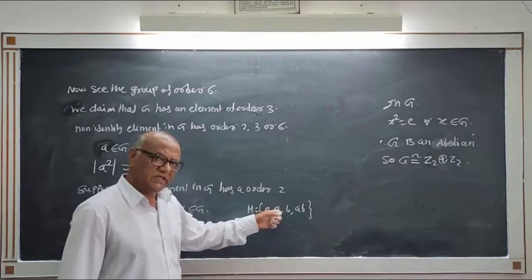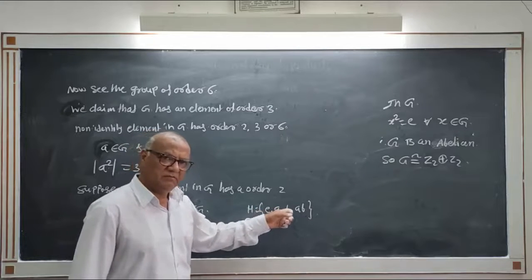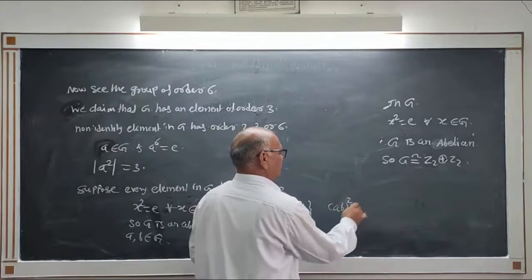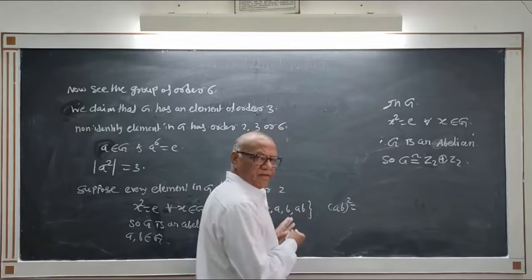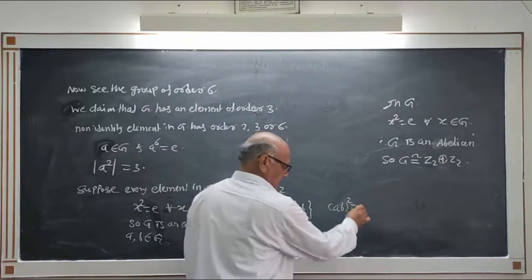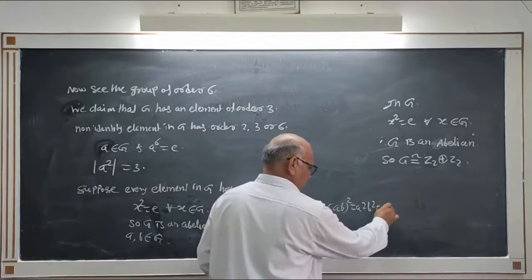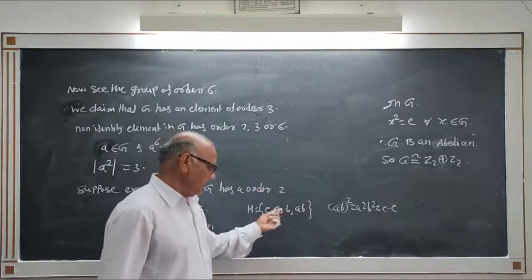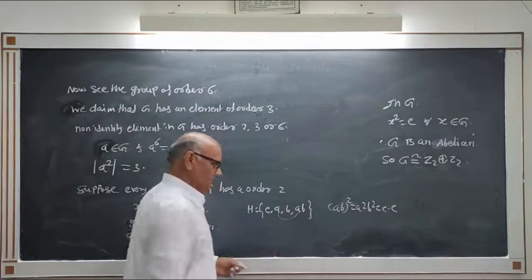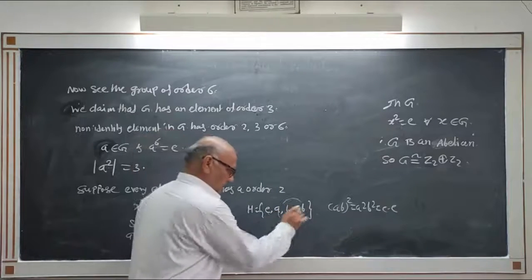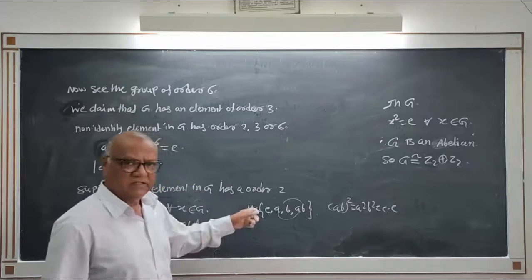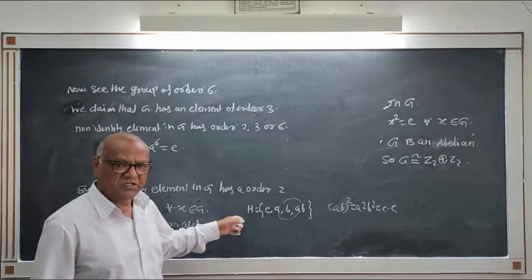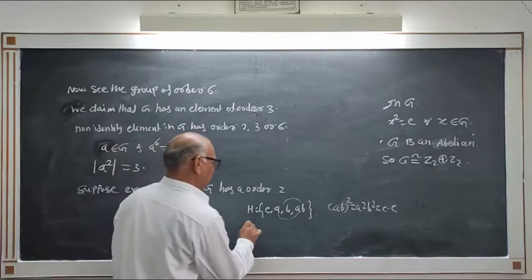The inverse of A is A, the inverse of B is B, and the inverse of AB is AB, since G is abelian and A squared B squared is E. The product of these two is B, and the product of these two is A. So it is a subgroup.